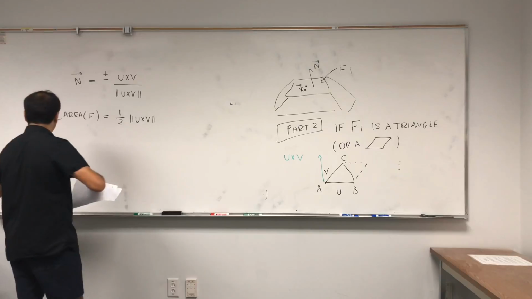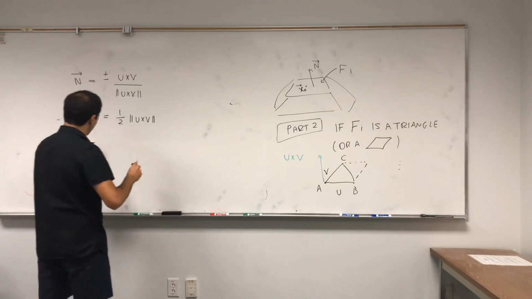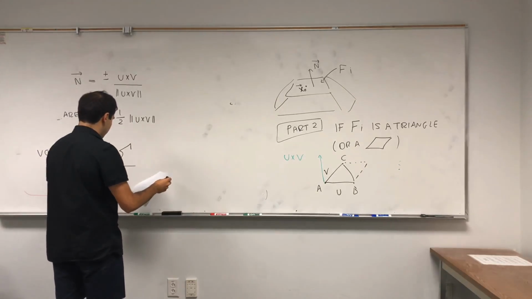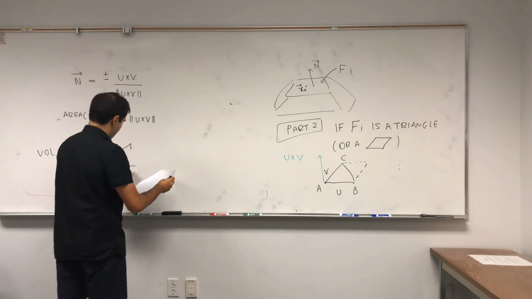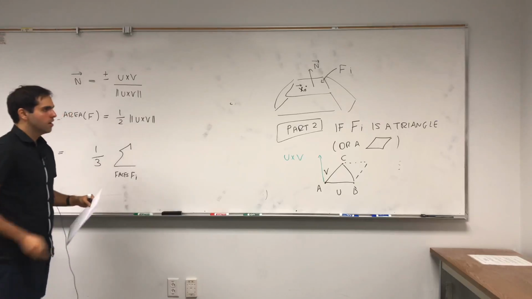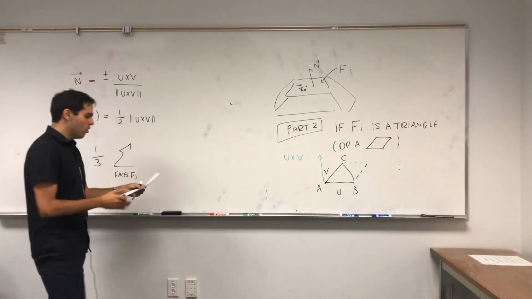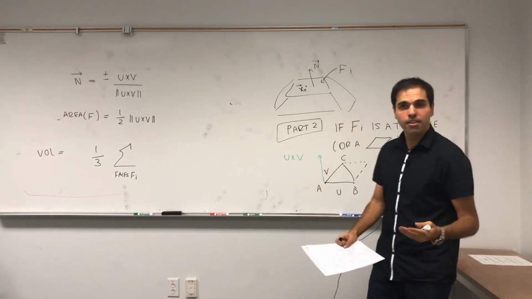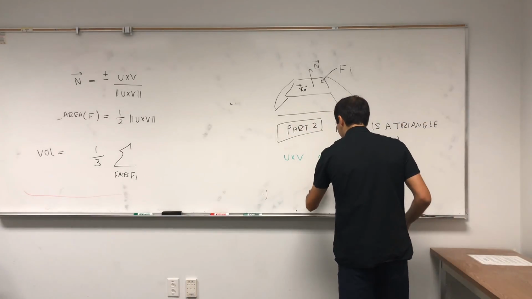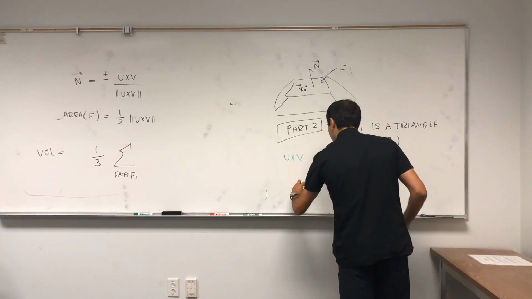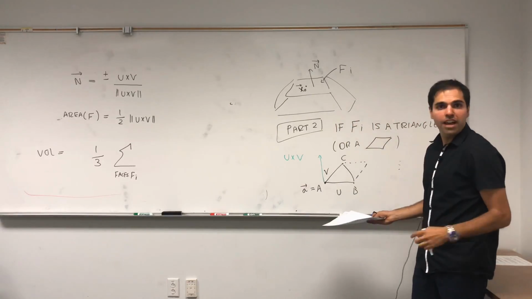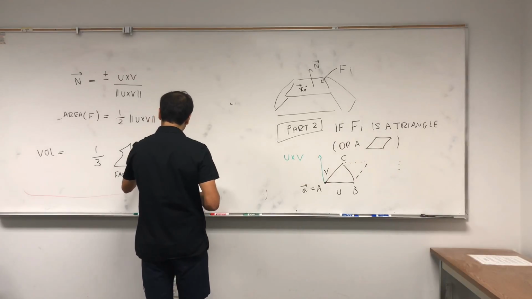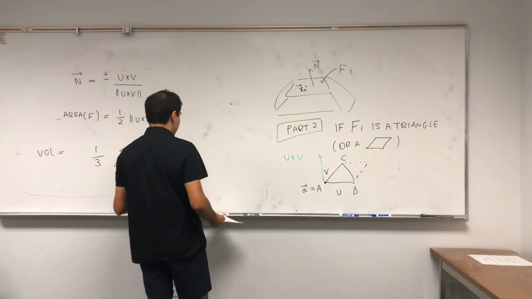So the volume equals 1/2 over the sum of the faces Fi. And so we need a random point on the triangle. So this point, the point A, let's just call it vector A. So it just becomes one vertex of the triangle.